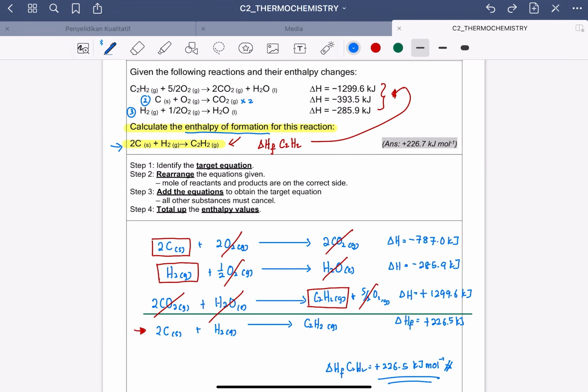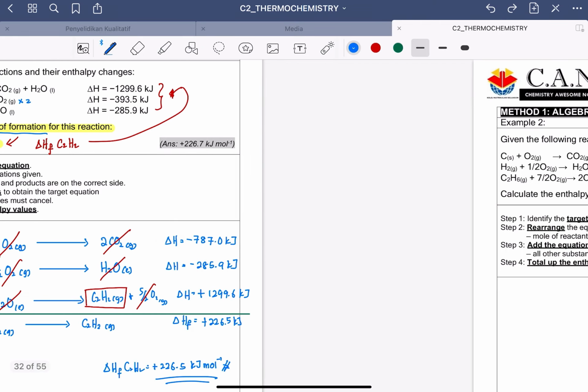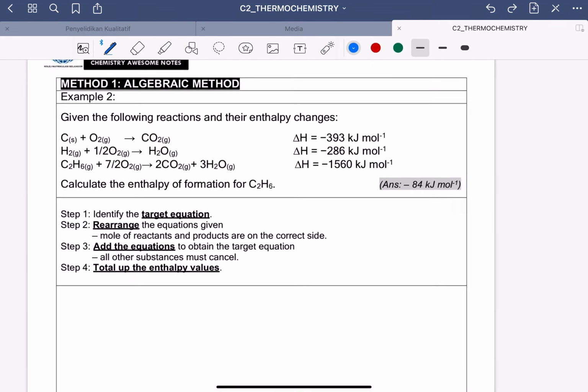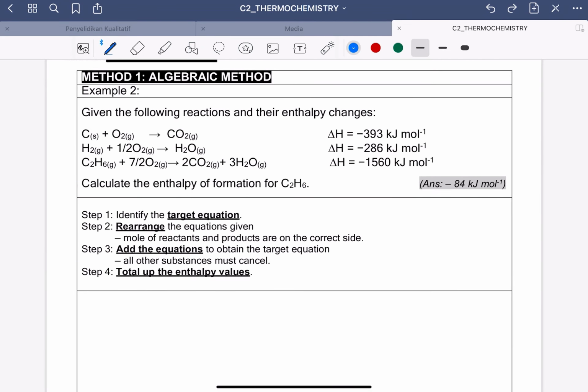Now let's take a look at the second example. For the second example, it is almost the same, except the question asks you to calculate the enthalpy of formation for ethane. The difference from the previous example is that we are not given the target equation.